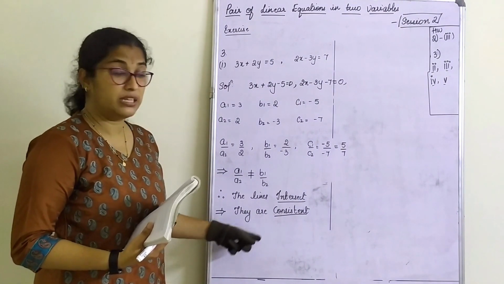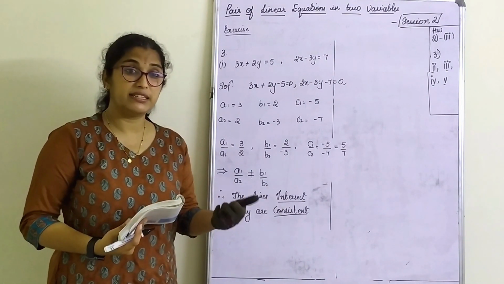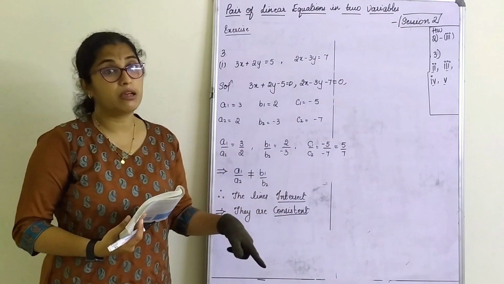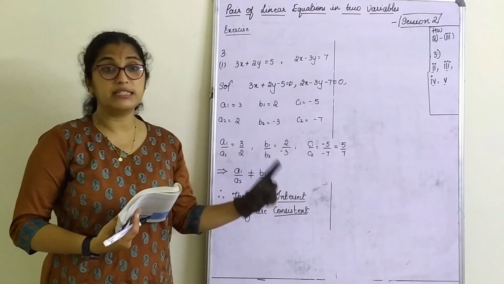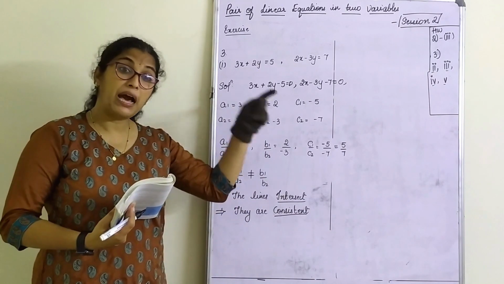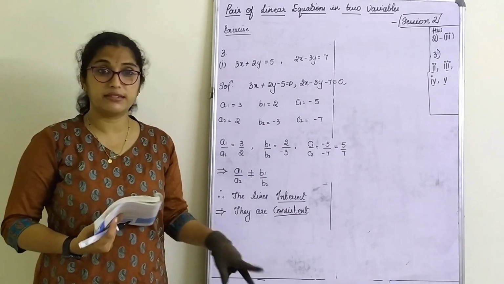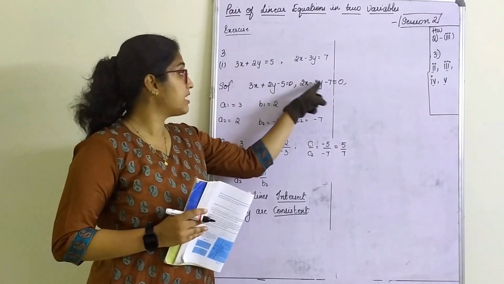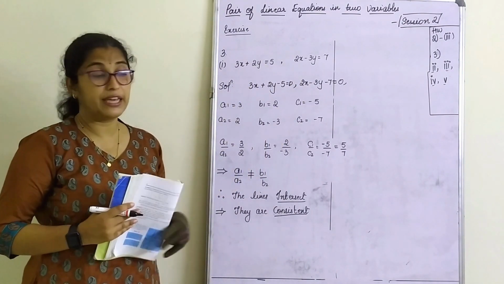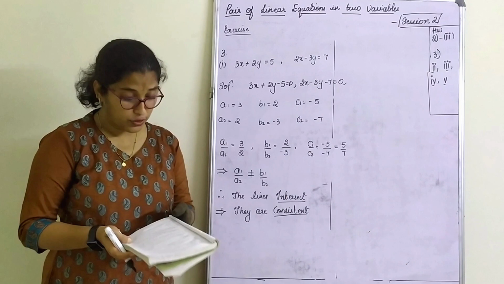In this manner only. First find whether they are intersecting, coincident or parallel. Intersecting, they are consistent. Coincident, they are consistent. Parallel, they are not consistent. That is what you have to find, and write the equation in the standard form always. Okay. Remaining I am marking for homework.